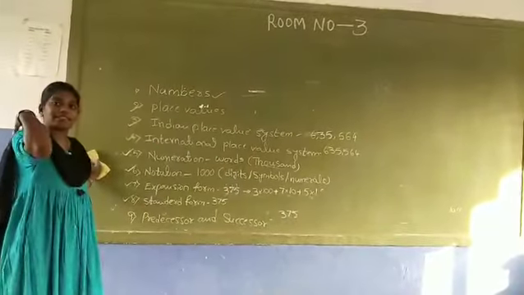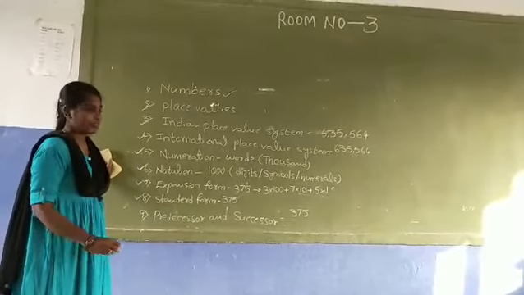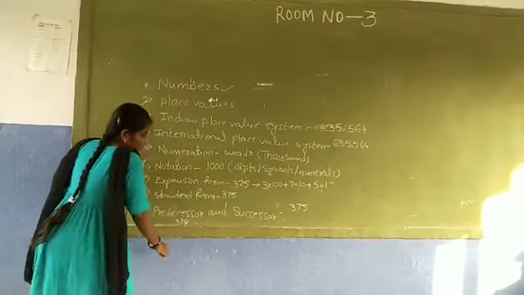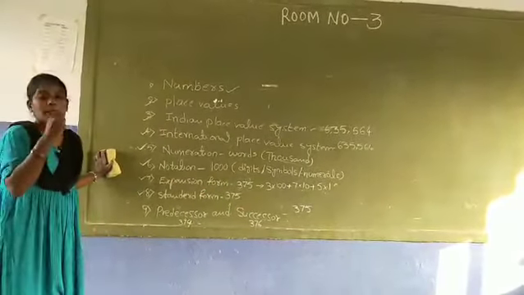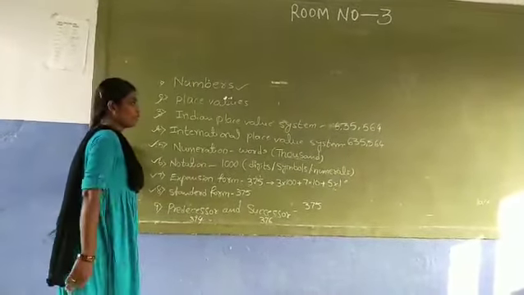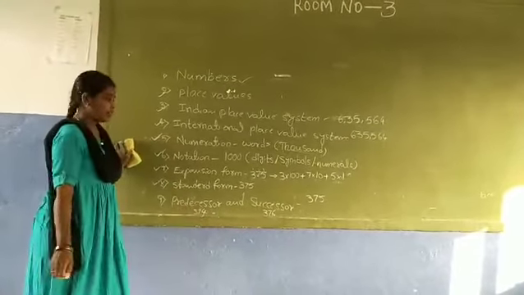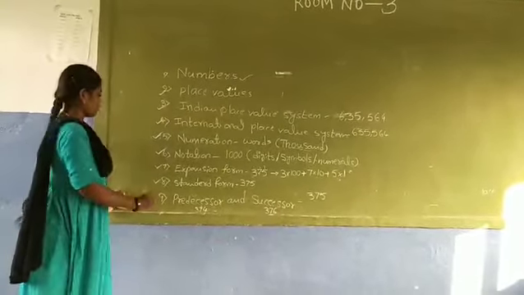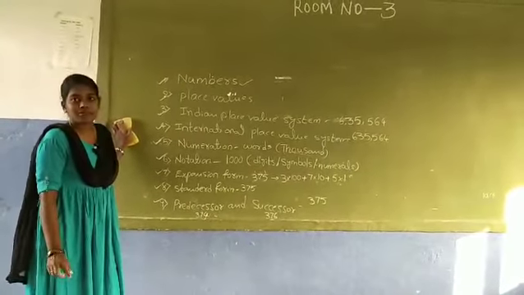The predecessor of 375 is 374 and the successor of 375 is 376. These are the topics we discussed in this chapter. In the next class, we will do some problems on these topics.